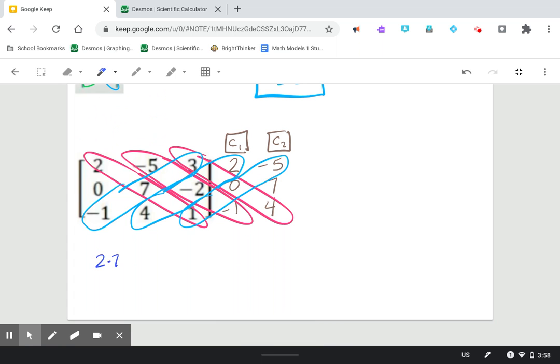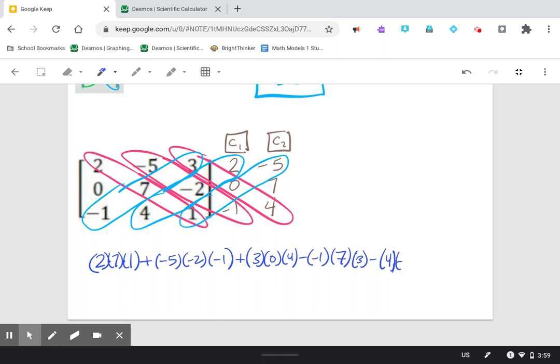It's going to be 2 times 7 times 1 plus, you could put those in parentheses if you wanted to, plus negative 5 times negative 2 times negative 1 plus 3 times 0 times 4 minus negative 1 times 7 times 3 minus 4 times negative 2 times 2 minus 1 times 0 times negative 5.